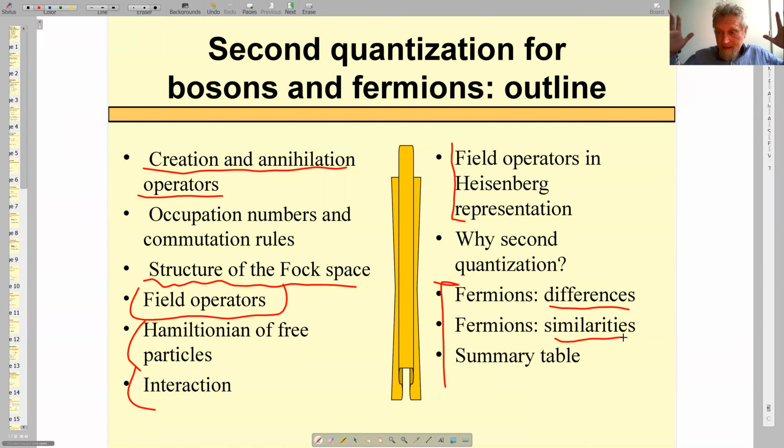And at the end of the lecture, if I come to the end, because actually I have almost an infinite number of slides, but those are simple and can be taught quickly, I will present a table where all the things we have to know about second quantization are collected.